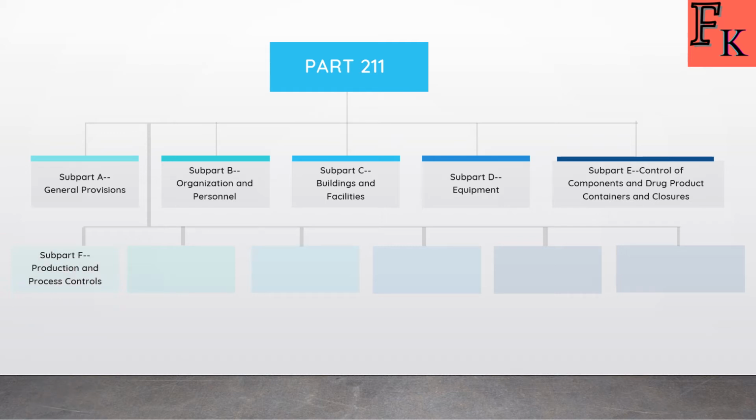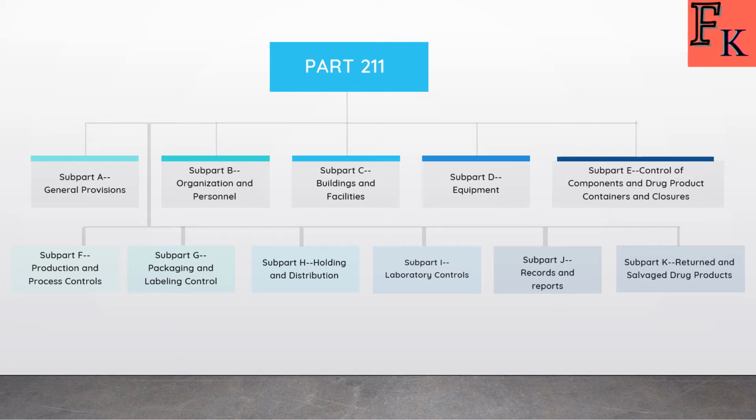Subpart F, production and process controls. Subpart G, packaging and labeling control. Subpart H, holding and distribution. Subpart I, laboratory controls. Subpart J, records and reports. Subpart K, return and salvage drug products.